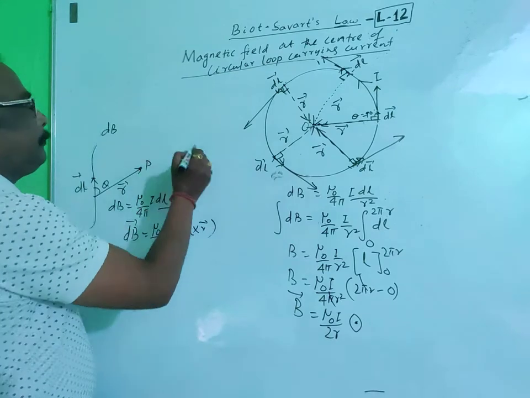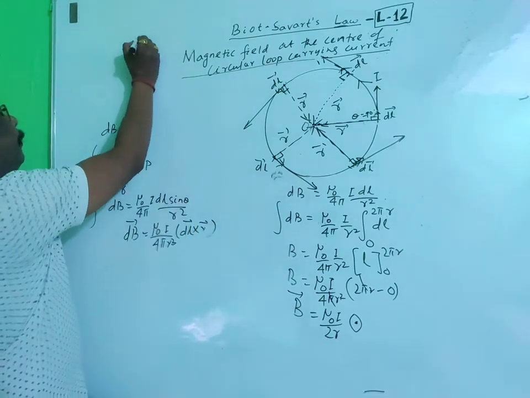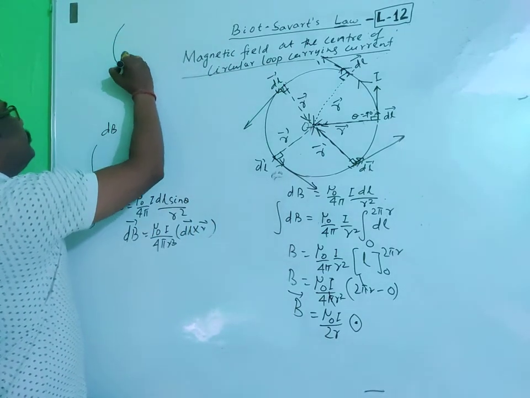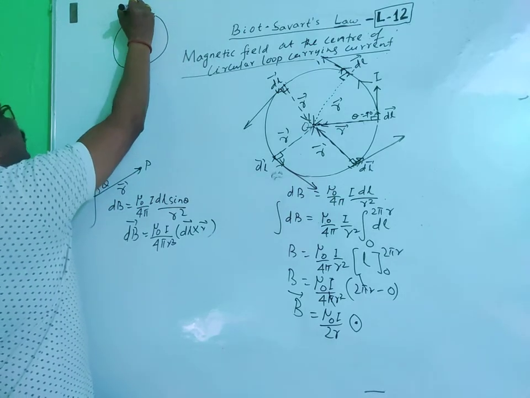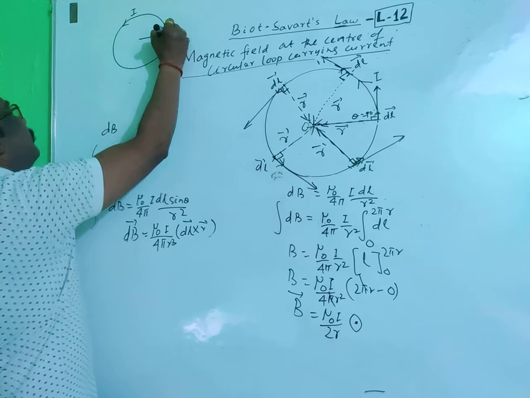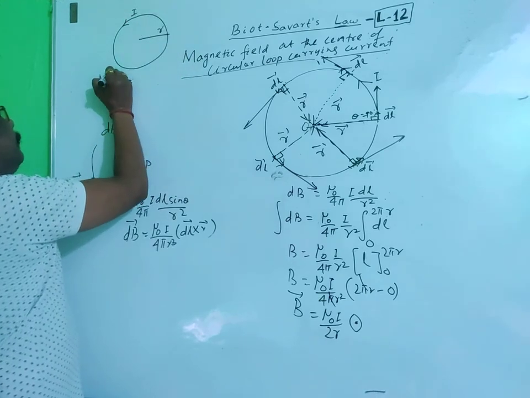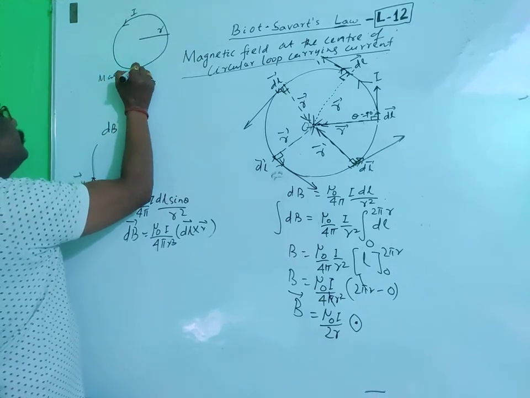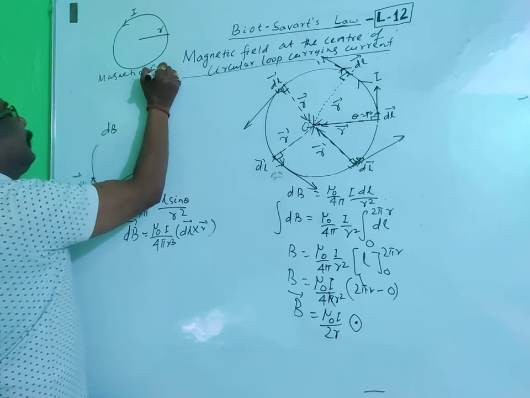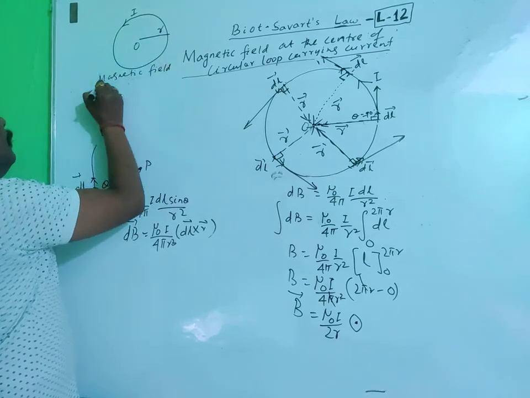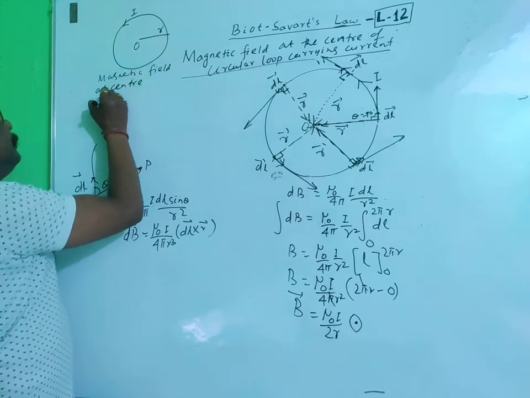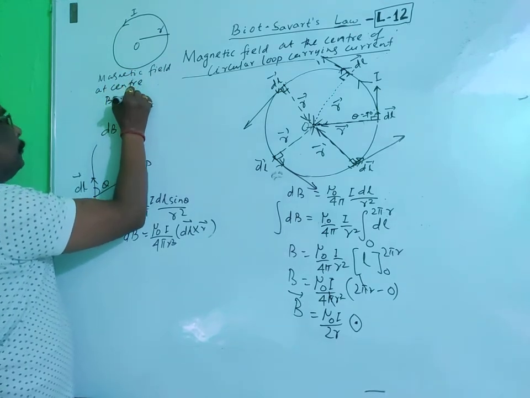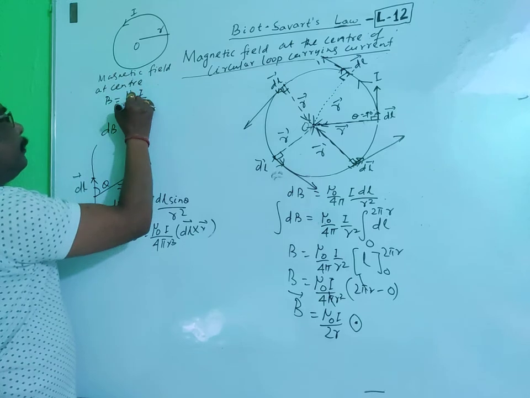So I am writing here for a total circle carrying current I of radius r, the magnetic field at the center is B equal to mu naught I by 2r.